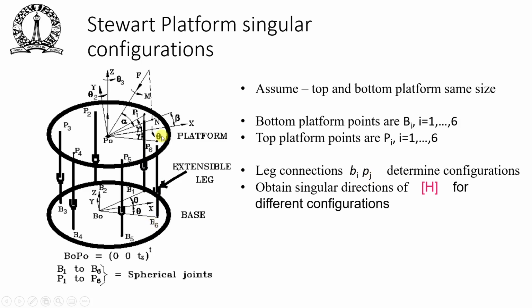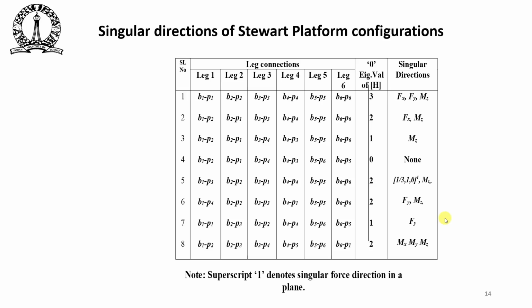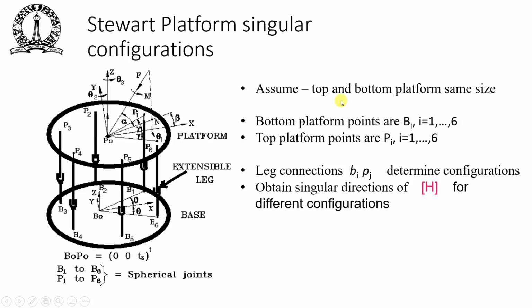As we combine them, we can find the vector along the leg and the moment of the vector along the leg, and then we can form this H matrix for any different configuration which we can think of. Then we find the eigenvalues of this matrix. So for example, if B1, P1, B2, P2, B3, P3 and so on, what does this mean?